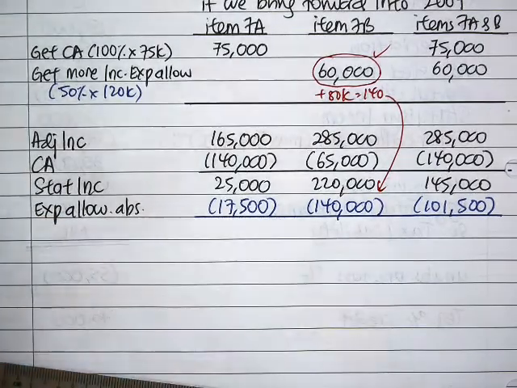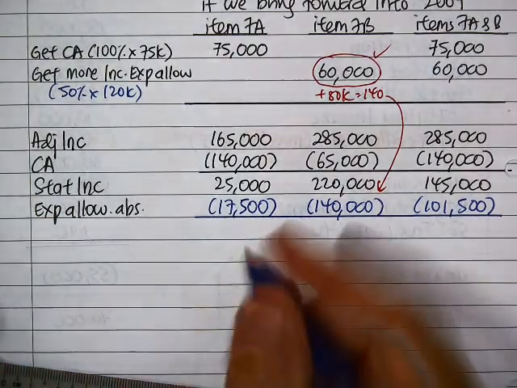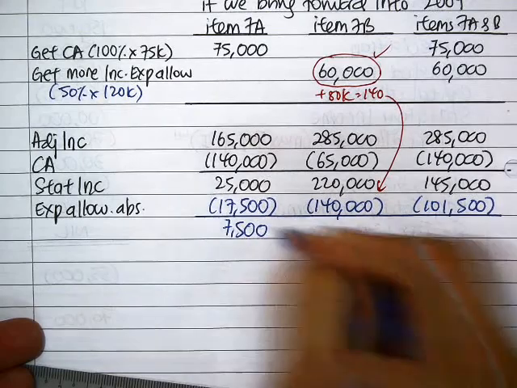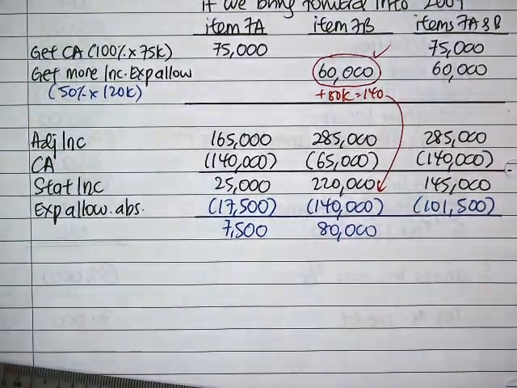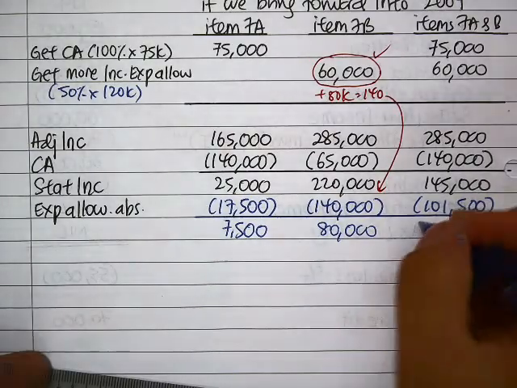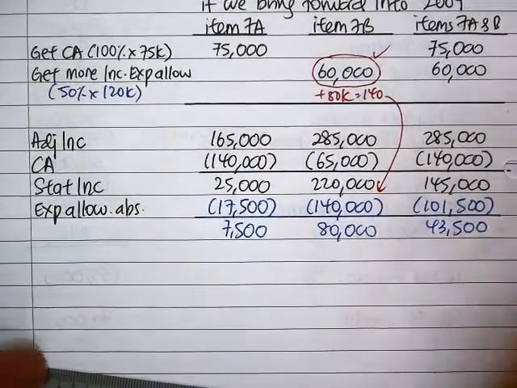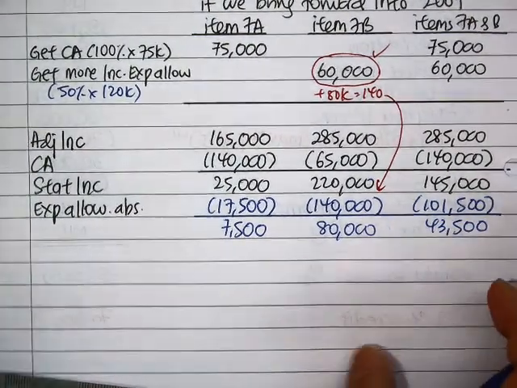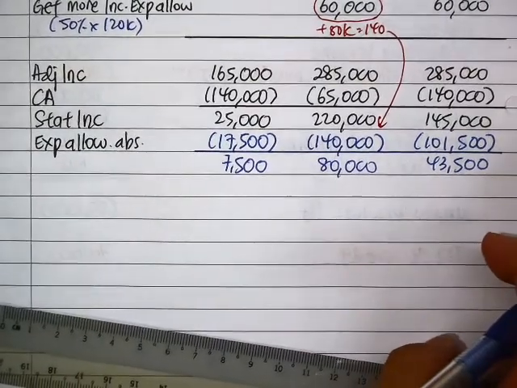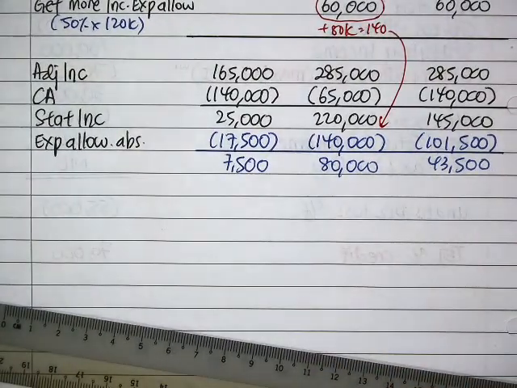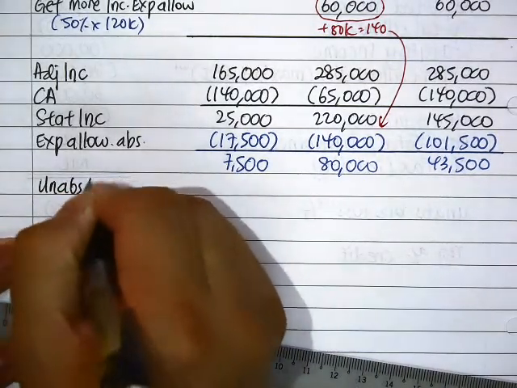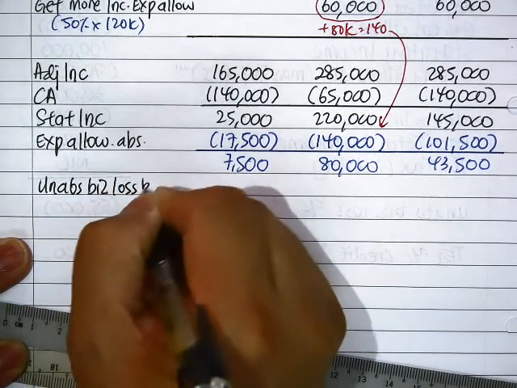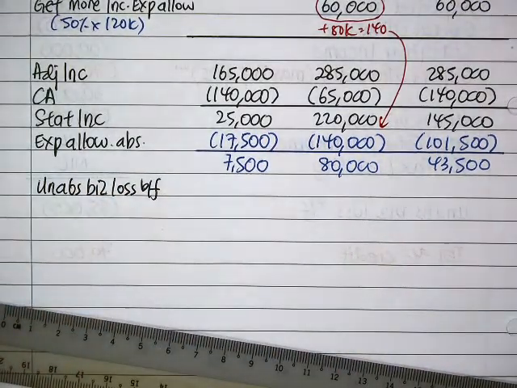Okay, so the net figure is 75, 80, 43.5, and what you do after this is to claim unabsorbed business loss.